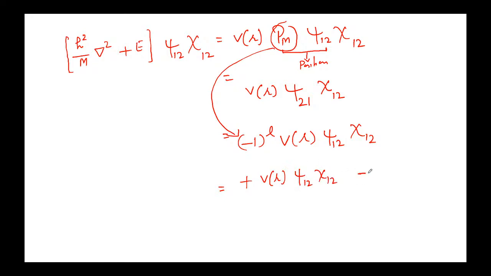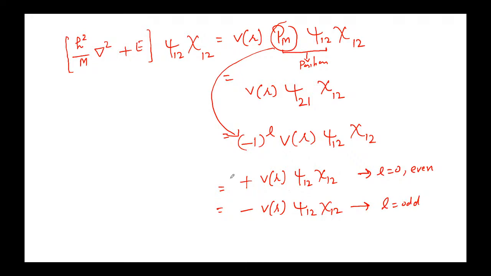So when the value of L is 0, or when the value of L is even, there are repulsive forces which exist between the nucleons. These forces are attractive when the value of L is even, and repulsive when the value of L is odd.